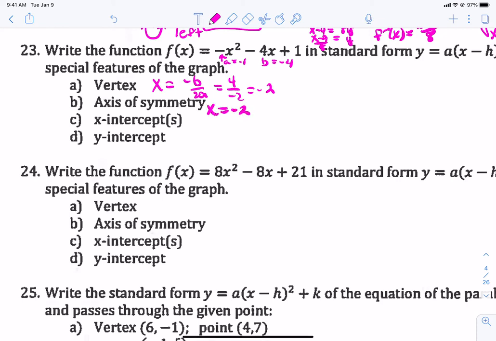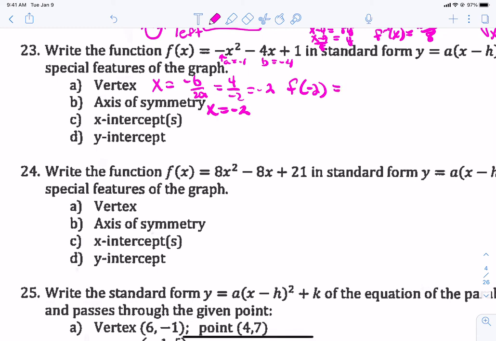Now you want to write an axis of symmetry as x equals negative 2 for a parabola that's up and down like this one. Well, it's upside down technically, but... Now, what else do we need to know? Well, a vertex is a point, not just the x value. If you have an x value, you can find the y value very easy. Just plug it in. And so, if we plug in negative 2, what do we get?